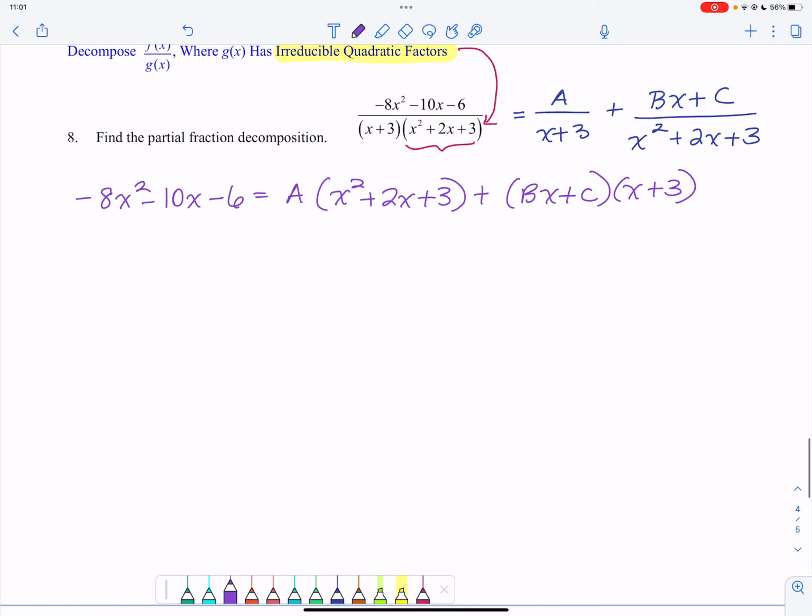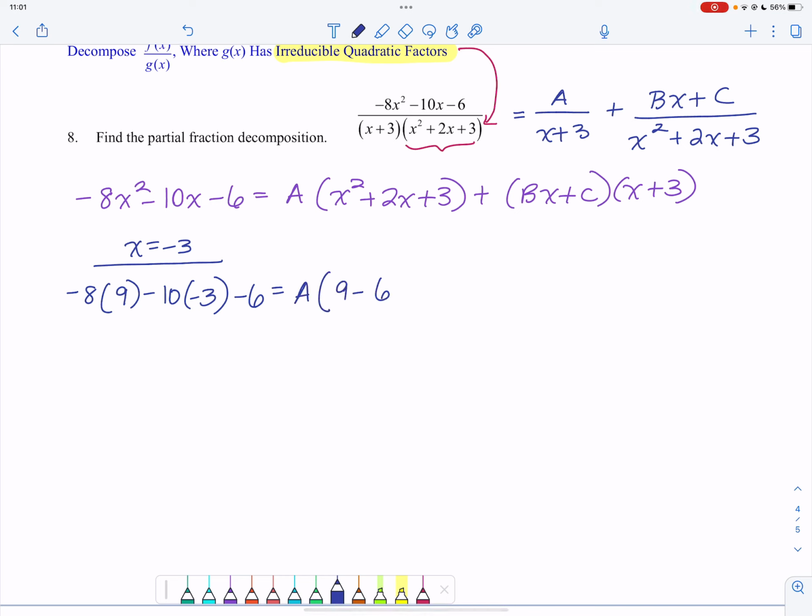Let's start with x equal to negative 3 and see what happens. We have negative 8 times 9 minus 10 times negative 3 minus 6 equals a times 9 minus 6 plus 3, and all of this term is wiped out when x is equal to negative 3.